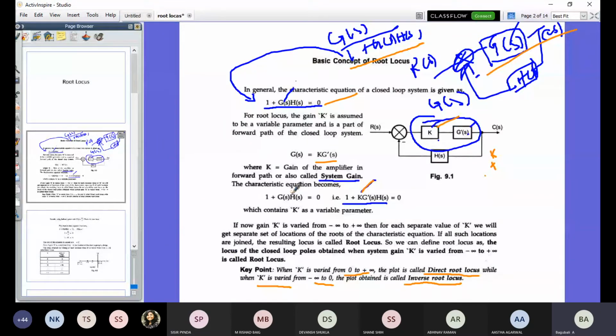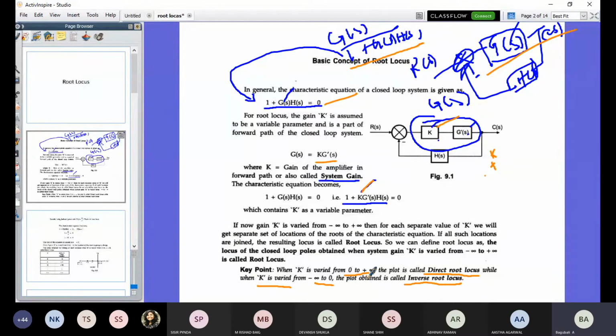In our syllabus, we follow the direct root locus plot, which means varying the value of k from 0 to infinity. Root locus is nothing but varying the value of k from minus infinity to plus infinity. We get separate locations of the roots, and joining all such roots, we get the plot called the root locus plot.